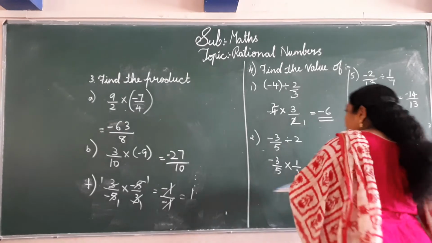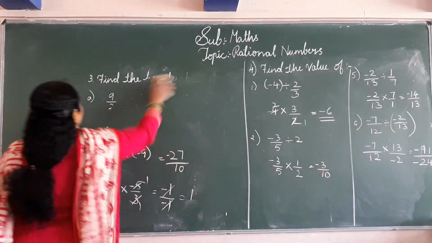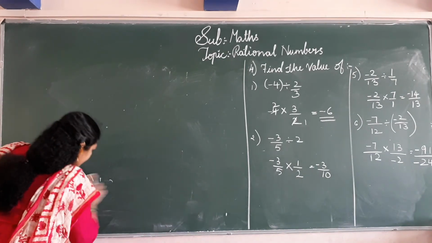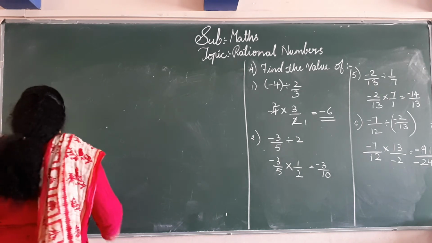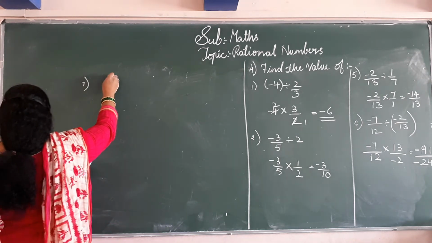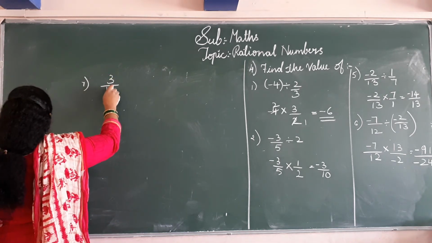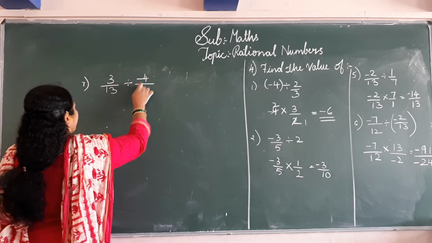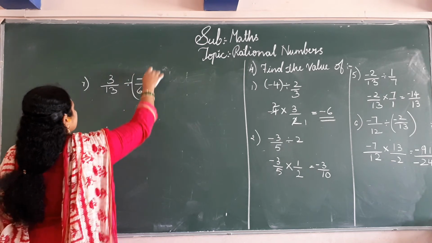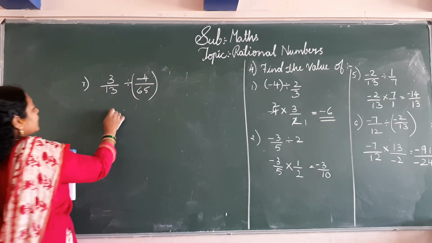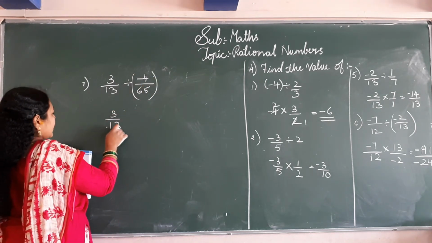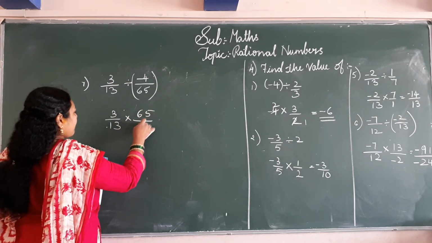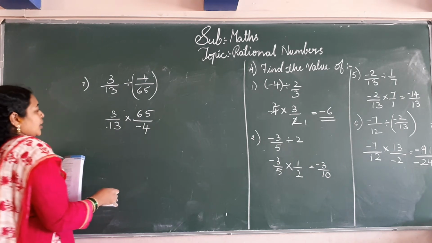Okay, the last one also you will expect me to do. I'll do the seventh one also. Seventh one is 3 by 13 divided by minus 4 by 65. Okay, so 3 by 13 into 65 by minus 4.